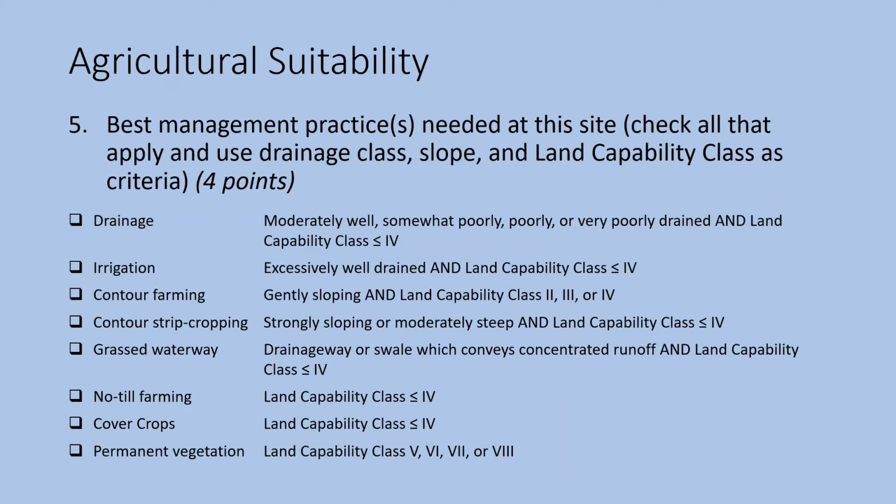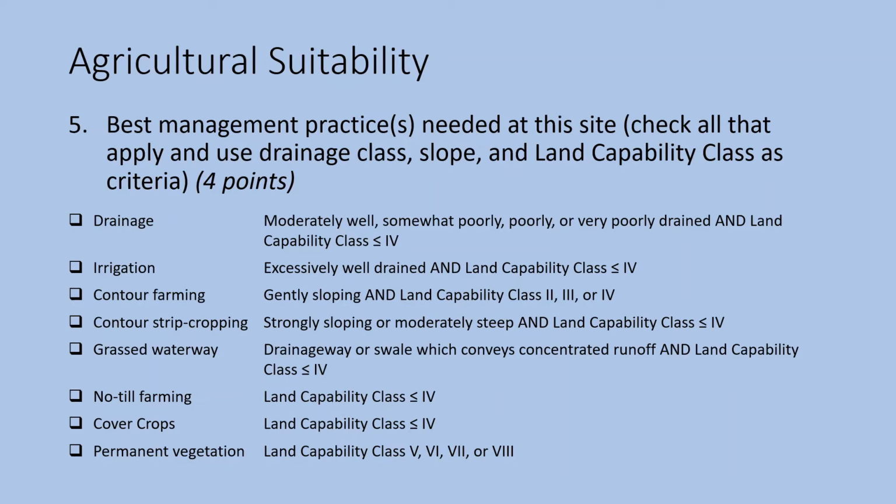Question 5 asks you to identify which best management practices are needed at this site. So these are different agricultural practices that help control erosion or improve water quality.